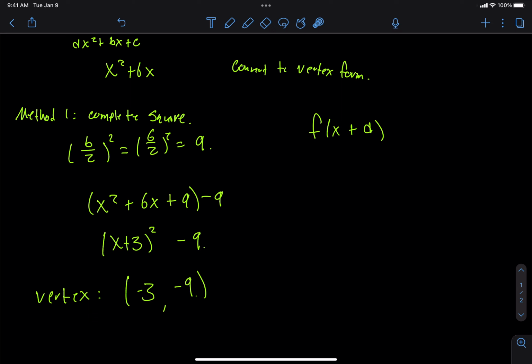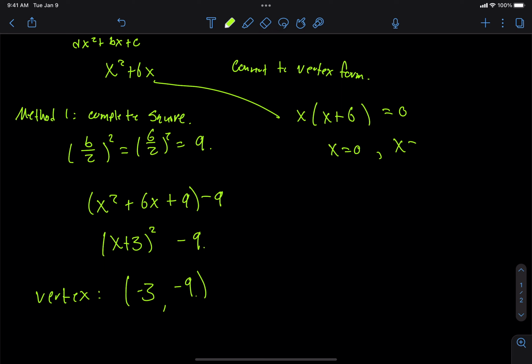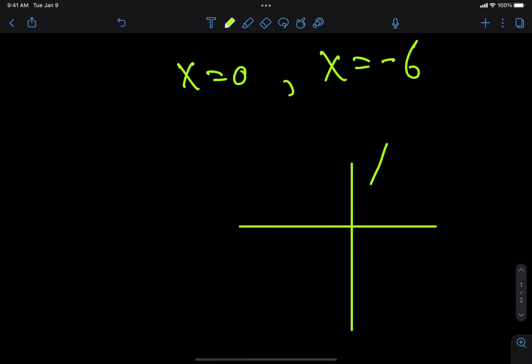So that's that. Let me show you another way that you could have done this. You could have said x squared plus 6x is x times x plus 6. If you set that equal to 0, then the zeros will be x equals 0 and x equals -6. If you have a parabola whose zeros are -6 and 0, the vertex will be halfway in between the zeros.